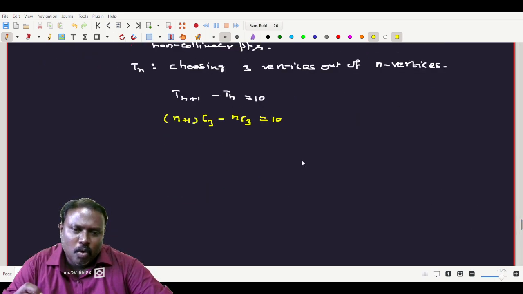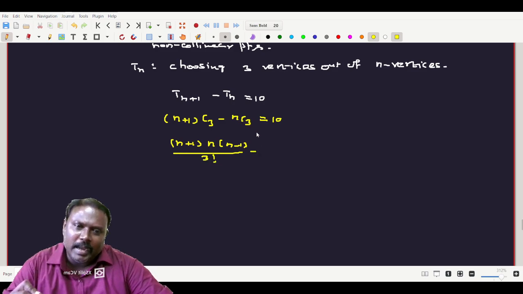Now what is n plus 1 C3? n plus 1 C3 means (n plus 1) into n into (n minus 1) divided by 3 factorial, minus nC3, which means n into n minus 1 into n minus 2 divided by 3 factorial, equals 10.